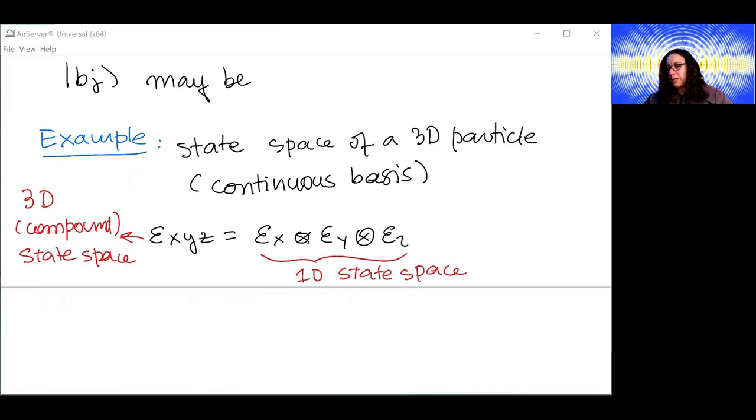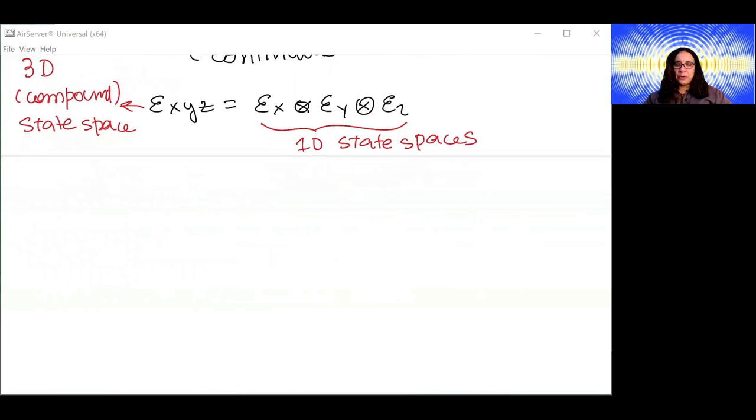But don't forget that they need continuous basis, because all these coordinates x, y, and z vary continuously. So we're not going to have sums, we're going to have integrals and all those things we have seen for continuous basis. So if we have basis in E_X, this is going to be this X basis.